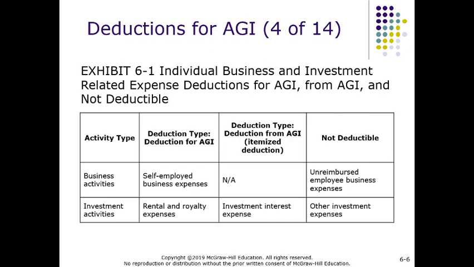In other words, you borrow money, let's say, to buy stock. Well, in that case, it's a from AGI itemized deduction. And again, whether or not you're going to be able to utilize all that depends on all your other itemized deductions and whether or not they are greater than standard deduction.